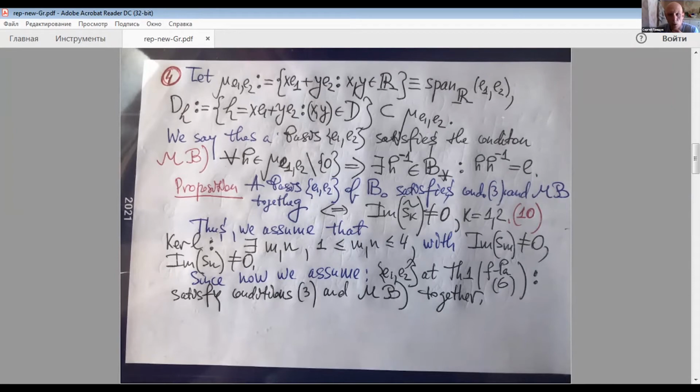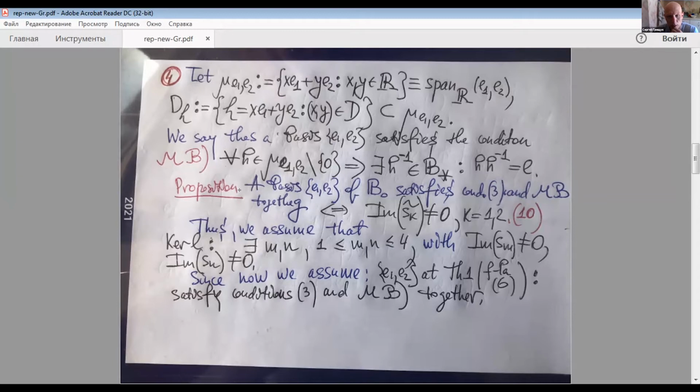Let mu E1, E2 be the real span generated by the bases E1 and E2 over the real space. And let D zeta be a domain in this plane mu E1, E2 congruent to the domain D.